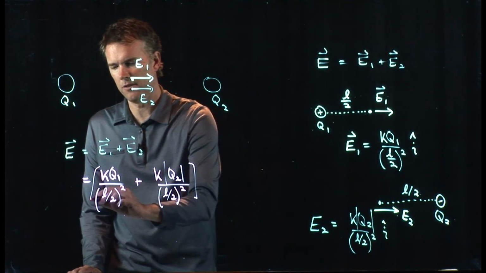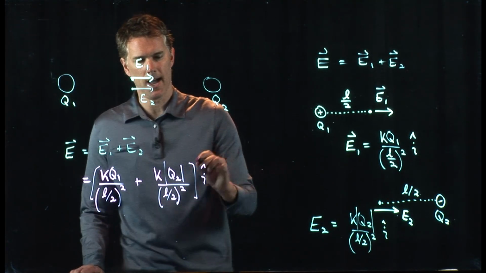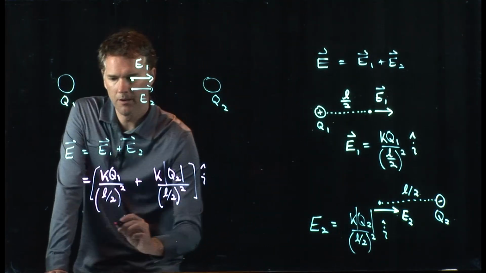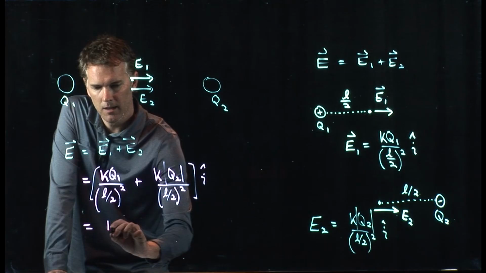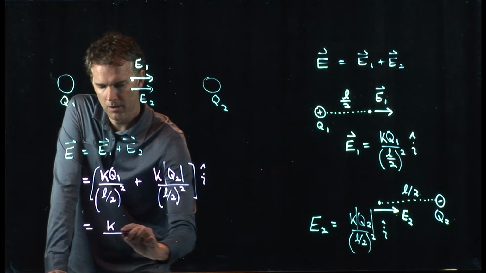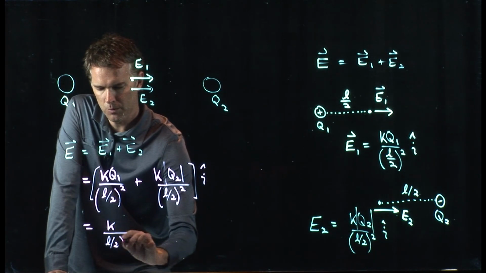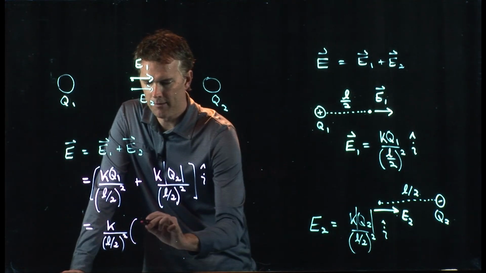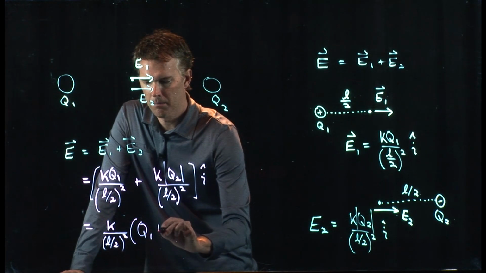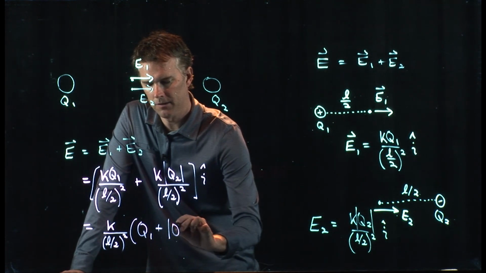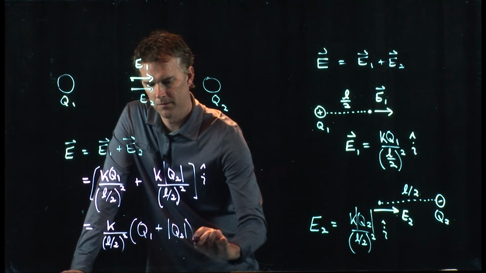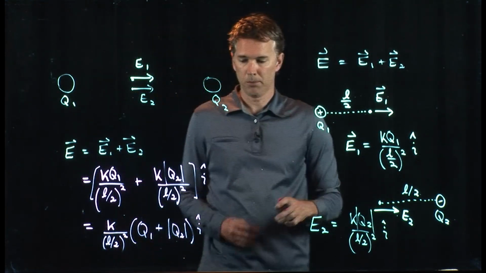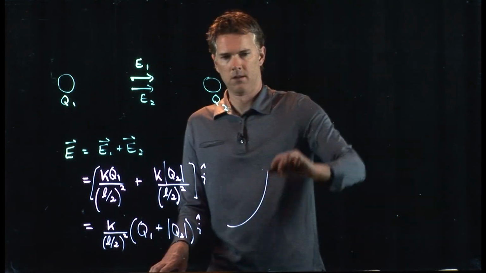Both of those are in the same direction, I hat. Now we have some nice common factors: K in both of those, L over 2 quantity squared in both of them, and then we have Q1 plus the magnitude of Q2, I hat.